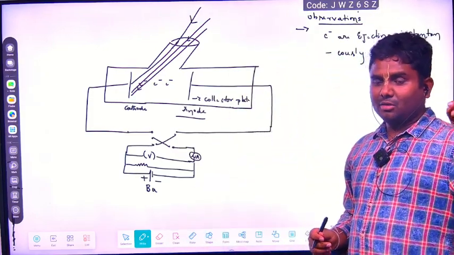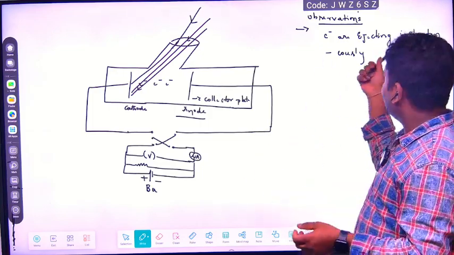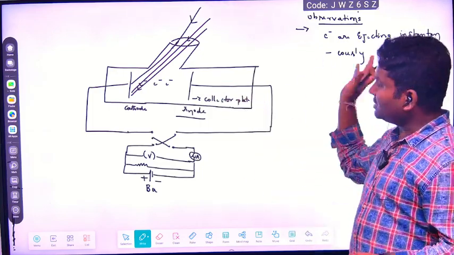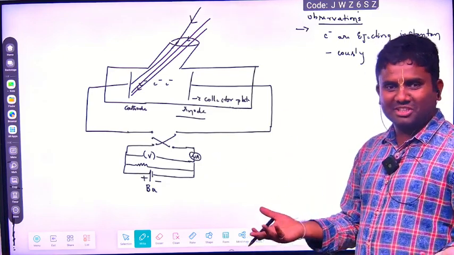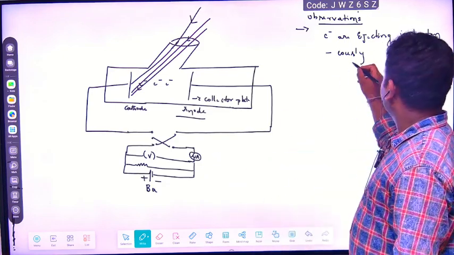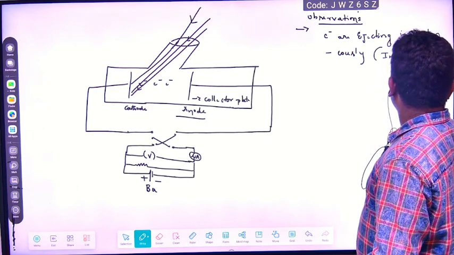A second is a huge amount in comparison. The light rays just fall, and immediately these electrons come and the ammeter shows the current deflection. That is why it is called instantaneous.